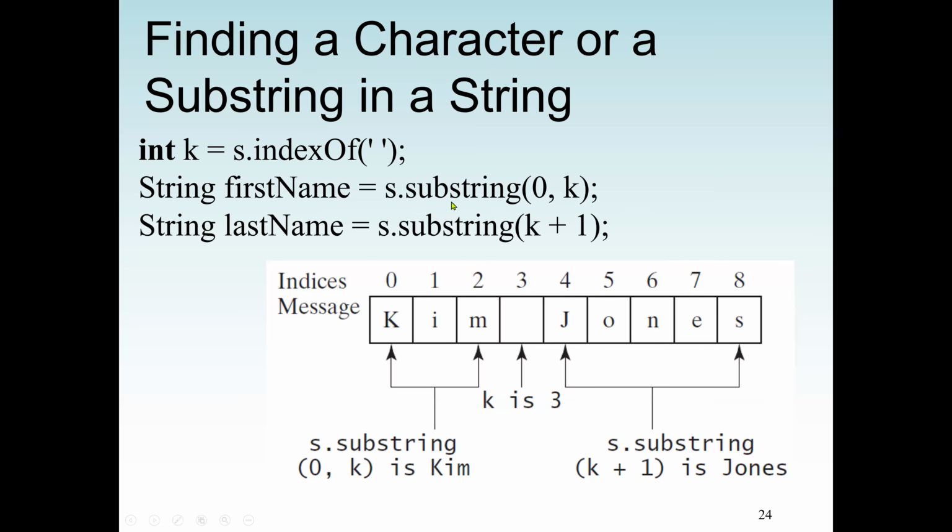So as we say here, we have s.substring(0, k), and we have Kim, the first substring, and then the space. This is k, and k plus 1 means we start from Jones.